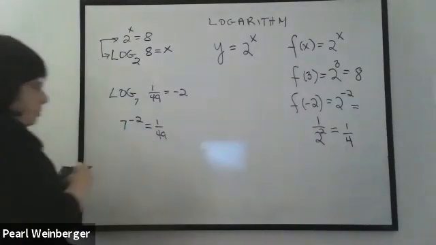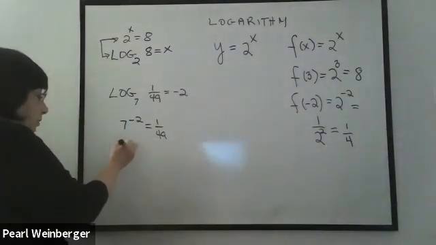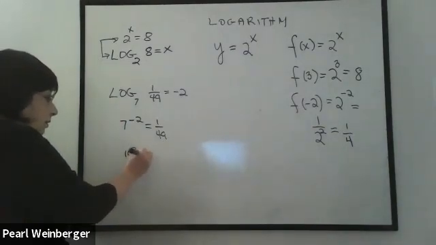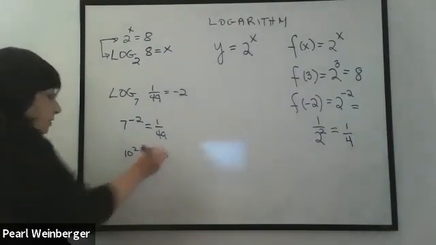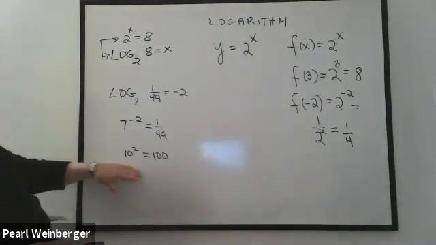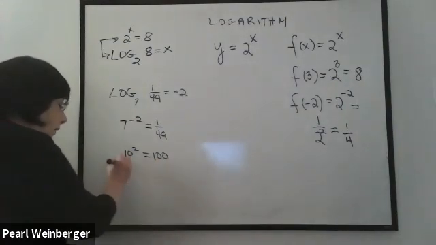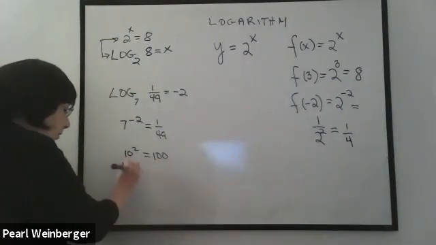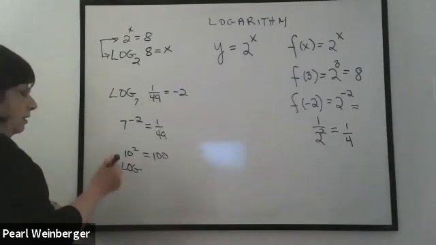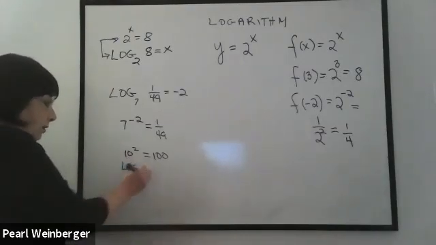I could go the other way. I could have something written in exponential form. Let's say I have 10 squared is 100. That is a statement in exponential form. What would this look like in logarithmic form? Let's remember, it's log. The base is 10 in this case, so that's my subscript 10.